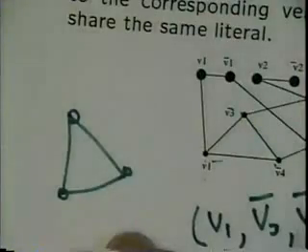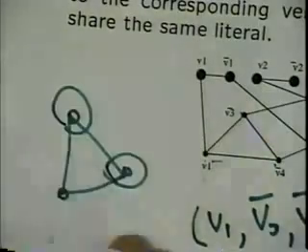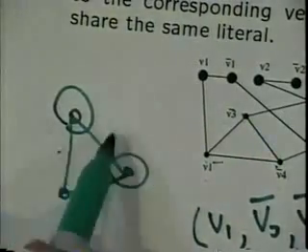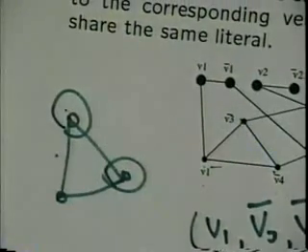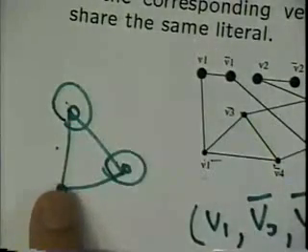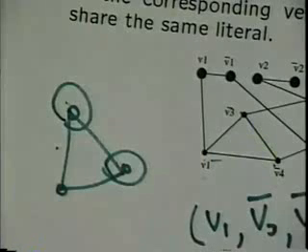Which 2? Any 2. Okay? I could cover it with this one and this one, and all edges now are touching that. Could I cover it with 1 vertex? No, because this guy's left out in the cold. Okay? I could cover it with 3 of them, but that's more than I actually need.